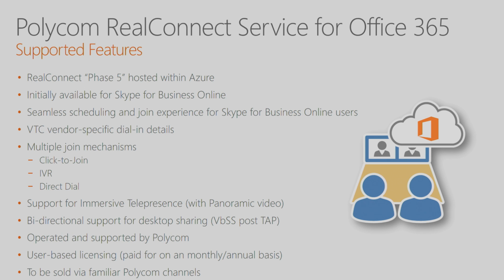Not only will it give you information about how to dial those VTCs into the meeting, but it will give you information based upon your location. We're going to use geographic DNS to understand where you are and give you H323 IP addresses in your region, so that instead of connecting to an MCU hosted in North America when you're based in EMEA, we can keep the traffic local and leverage the Azure network rather than the open internet.